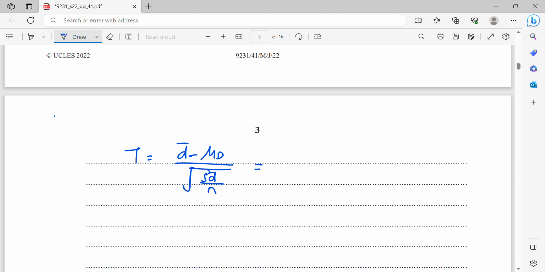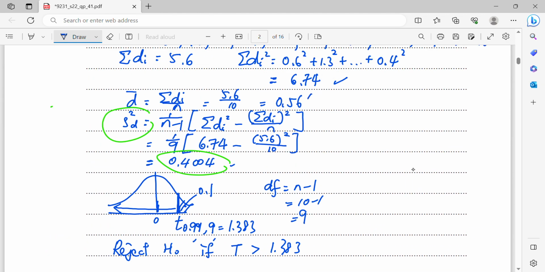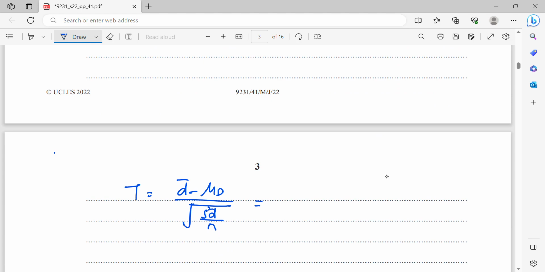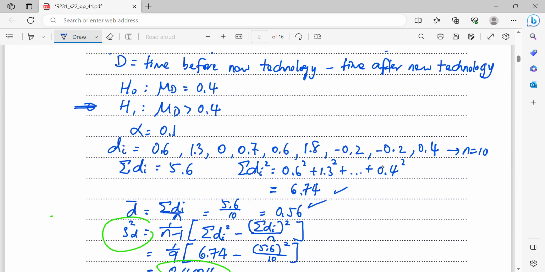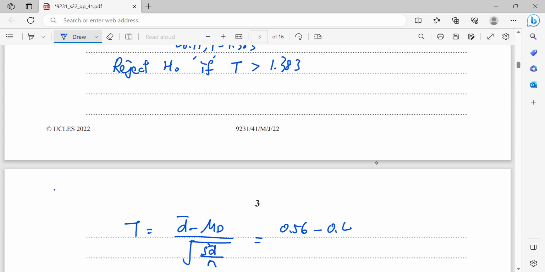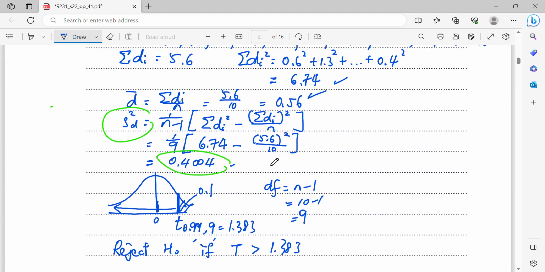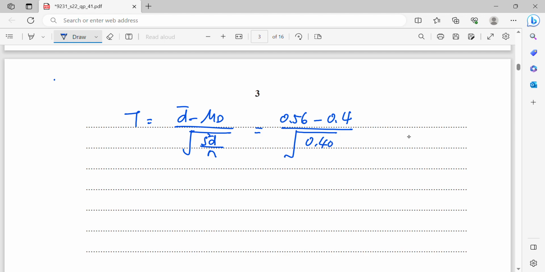Now when I replace the values, my d bar is basically 0.56. Then my mu d is the value at the H0, so at the H0, my mu d is 0.4. So here you minus 0.4, then over square root of SD squared that we have counted just now, 0.4004, then over the n is 10.